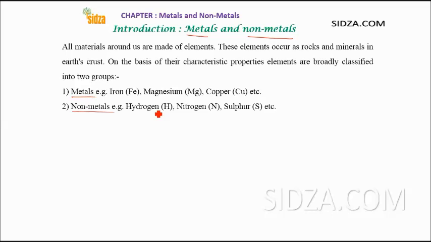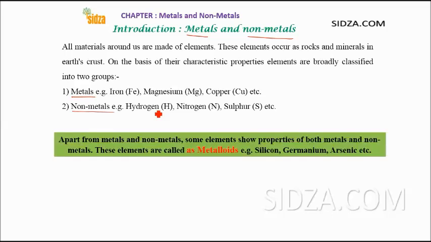The properties of metals are different from those of non-metals. We will discuss their properties later on. And there is one more category of elements, right? We call them metalloids. What are the metalloids?